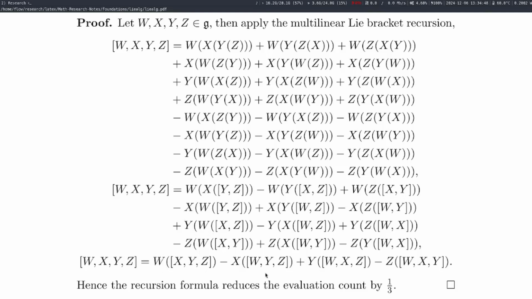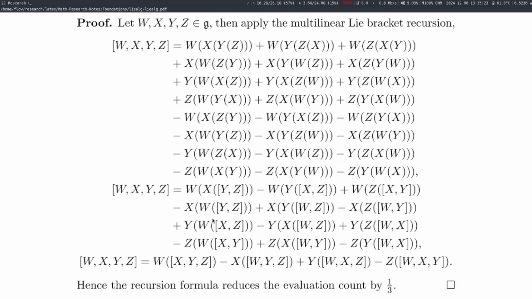So we have x with wyz, the trilinear bracket of that, but with minus x on it. So this is alternating in the sign again. So we have plus and minus and plus and minus. So there are many alternating signs here. But this is just following the multilinear Lie bracket recursion formula, which I proved on the first page.